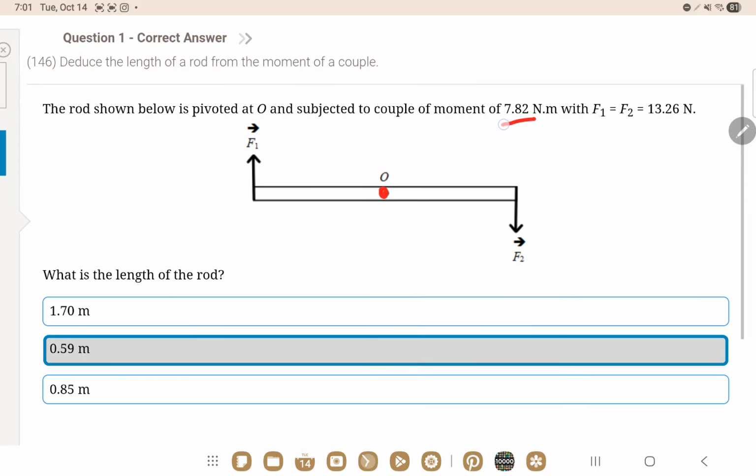The moment is 7.82 Newton meters, and force 1 and force 2 are equal to 13.26 each. They are equal. So what do we call forces that are equal and going in opposite directions? They are a couple. Since they are a couple, the formula for a couple is force times distance between forces.